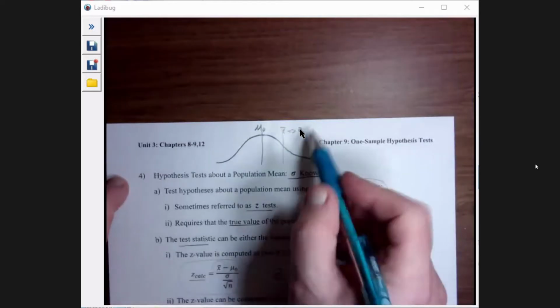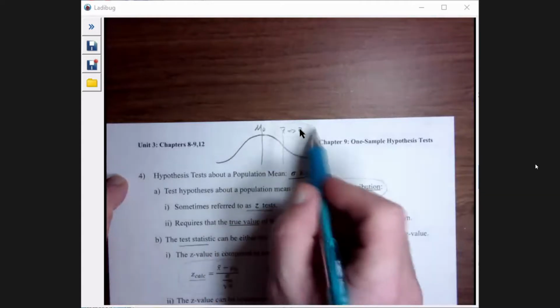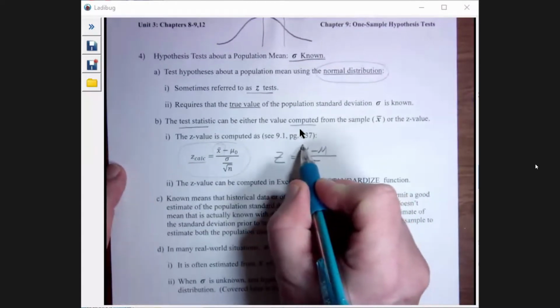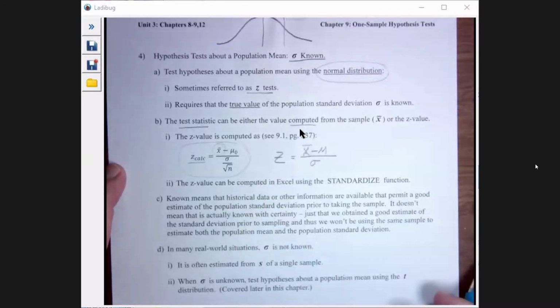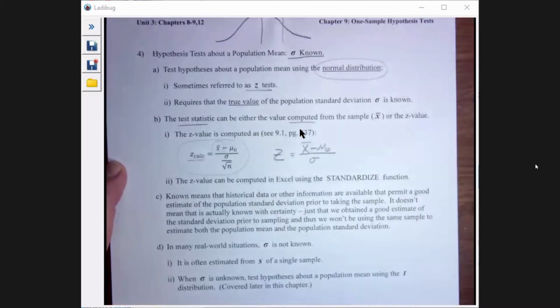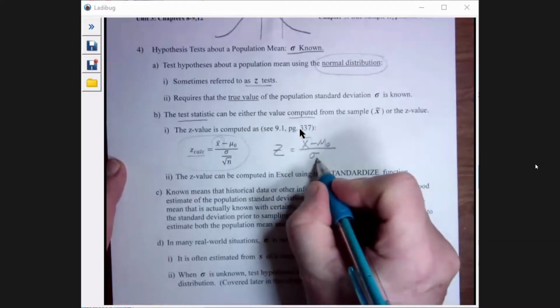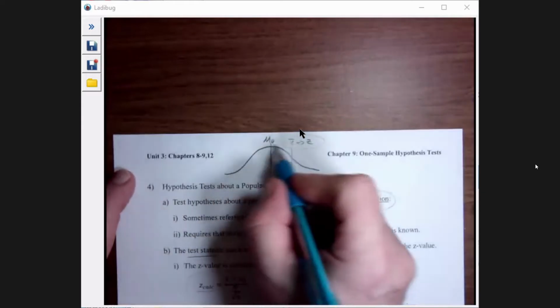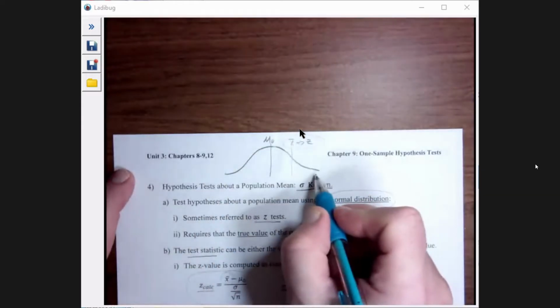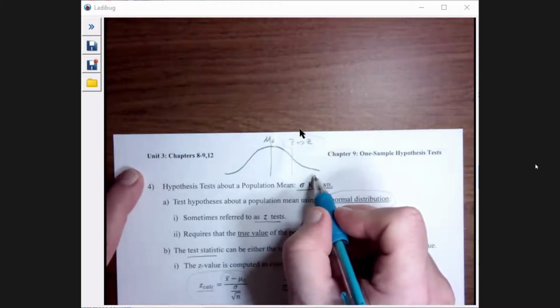So given that we want to do this, how do we do it? Well, we want to get a z-value for our sample mean, where the mean of the population is our hypothesized mean, and the standard deviation, because what is this distribution? Normal?